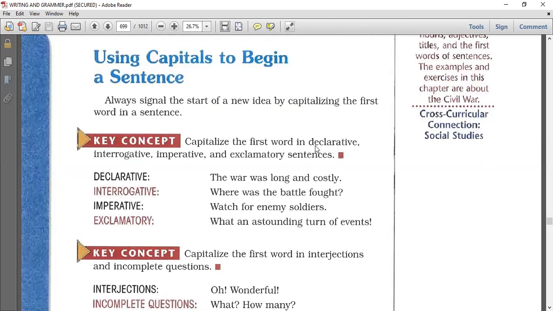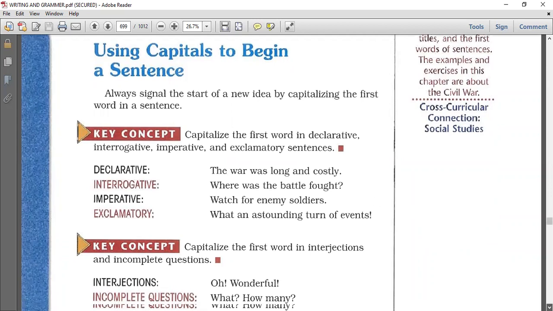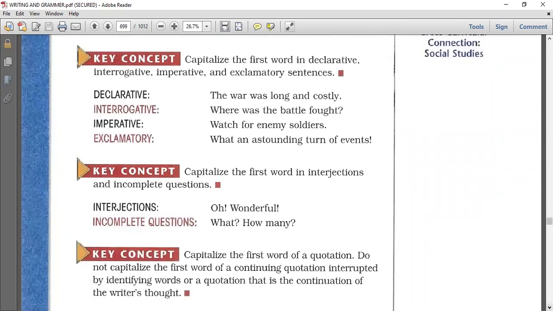Capitalize the first word in declarative, interrogative, imperative, and exclamatory sentences. In all types of sentences, the first letter of the first word must be capitalized. Here we have 4 examples. We're not going to read them just to save time.